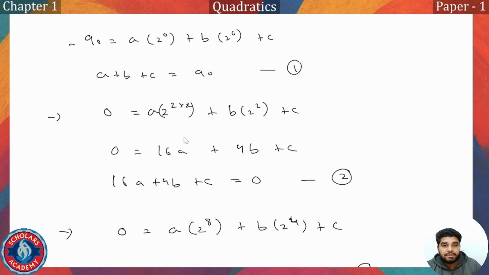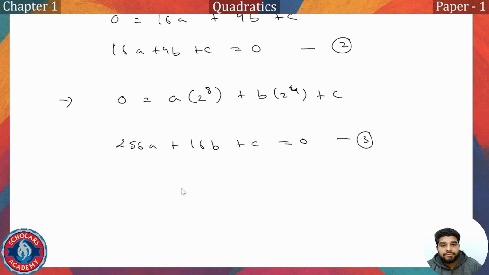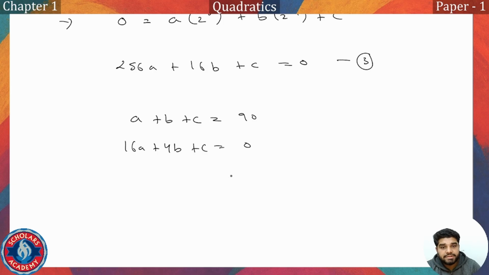Alright, so first equation is a plus b plus c is equal to 90. Second equation is 16a plus 4b plus c is equal to 0. Next equation is, this is 1, this is 2, and 256a plus 16b plus c is equal to 0.